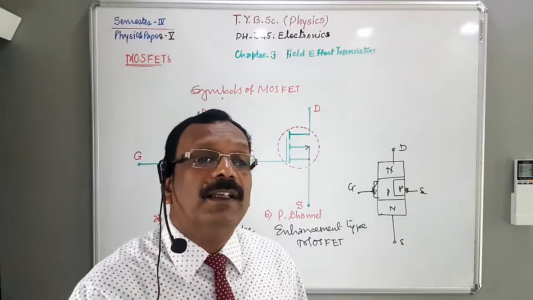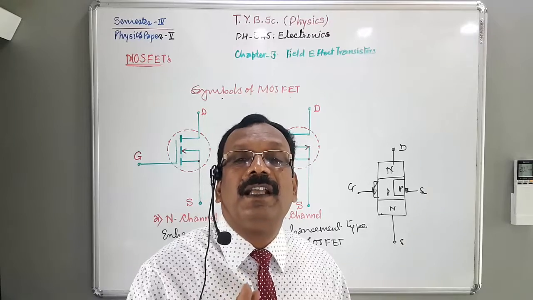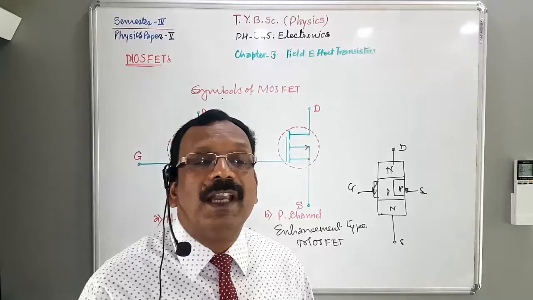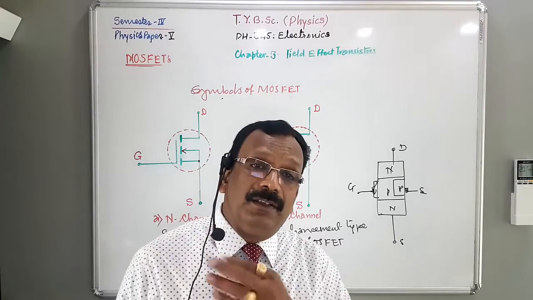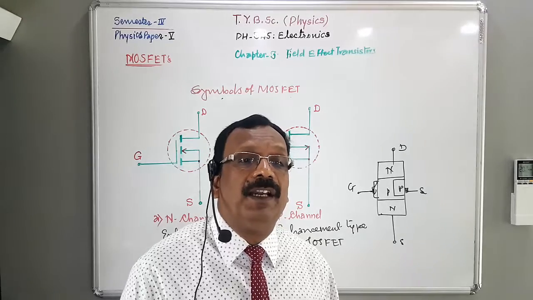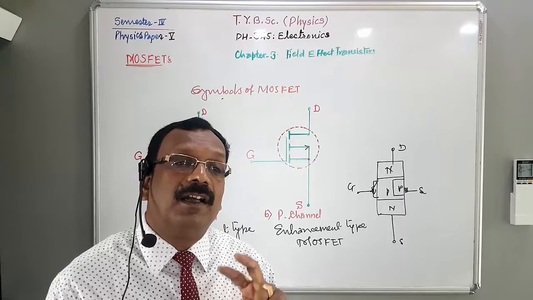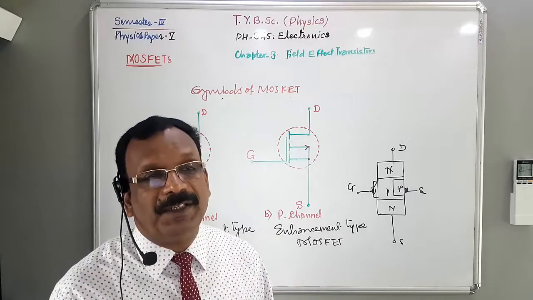In actual practice, when you are searching in the market, you will find that N channel and P channel enhancement type MOSFETs are known as NMOS and PMOS FETs respectively.